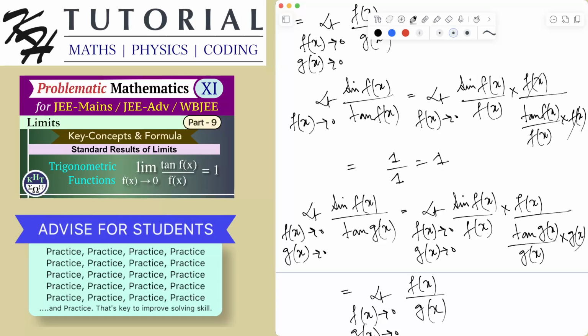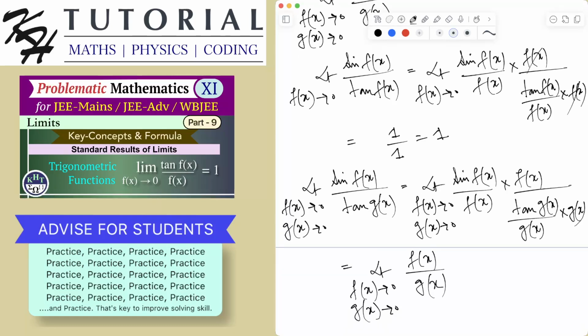I will create f(x) in the denominator of sin inverse f(x), as well as g(x) in the denominator of tan inverse g(x), and I will adjust f(x) and g(x). The result will be the same. Ultimately the limiting value will be the limiting value of f(x) by g(x) when both f(x) and g(x) are tending to 0, and in 99.99% of the cases you will be able to solve this problem using L'Hopital's rule.